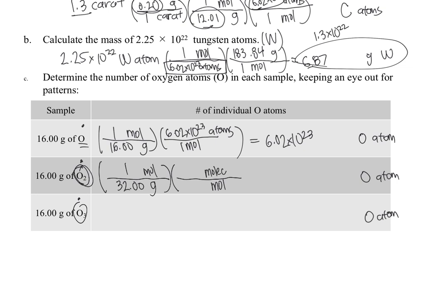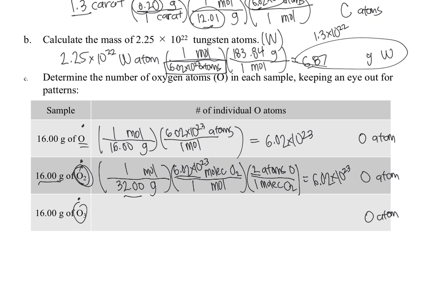So 1 mole has that many, 6.02 times 10 to the 23rd molecules of O2. So I have one more step to get to atoms. For every 1 molecule of O2, I have 2 atoms of oxygen, right, due to that subscript 2 there. So I'm going to take 16 divided by 32 times Avogadro's number times 2. And notice you get 6.02 times 10 to the 23rd. Very similar. That's pretty interesting.